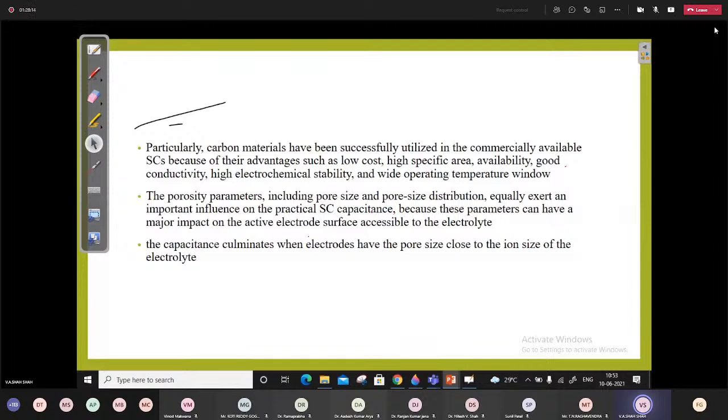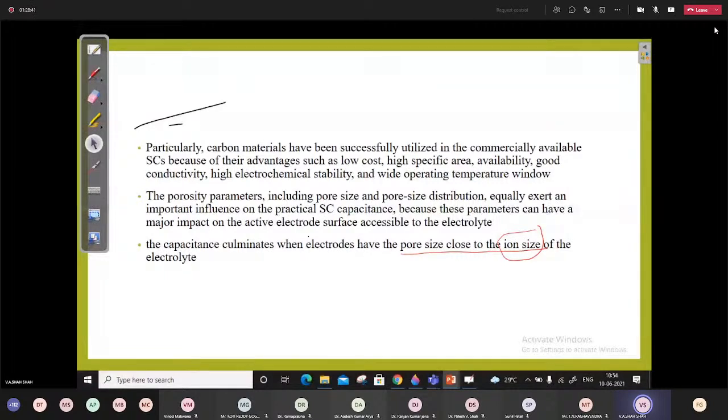This ion size means electrolyte ion size. If it is very close to this, then the energy storage capability, or the capacitance offered by the supercapacitor, increases. The only limitation with the supercapacitor is the low breakdown voltage, that is 2.7 volt. People are now claiming that it can go up to 5 volt.